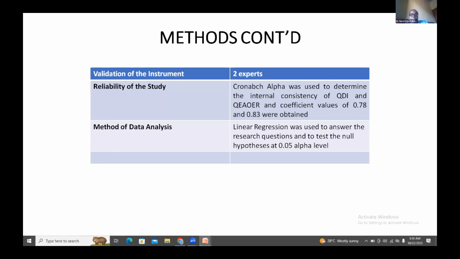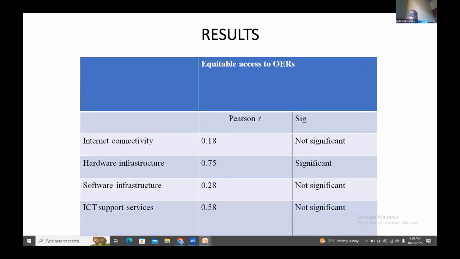Data were analyzed using linear regression to answer the research questions and to test the null hypotheses at 0.05 alpha level. Looking at the screen, we can see the results of the analysis conducted as regards the relationship between the infrastructure and the equitable distribution of open educational resources.